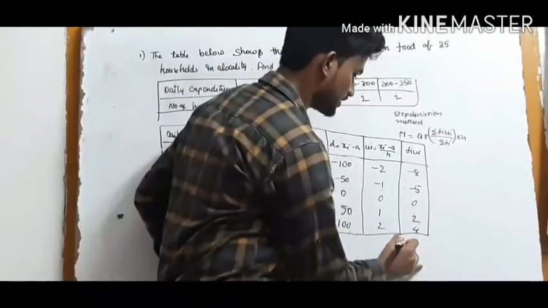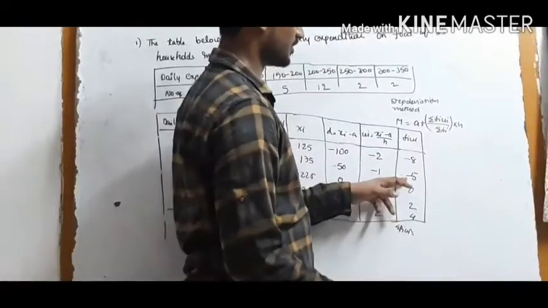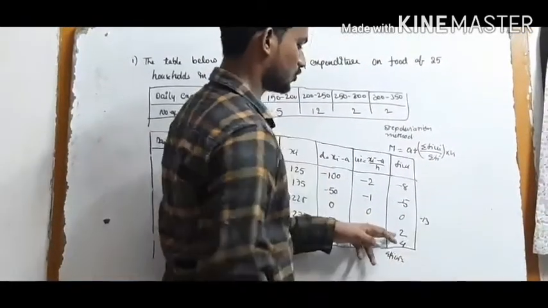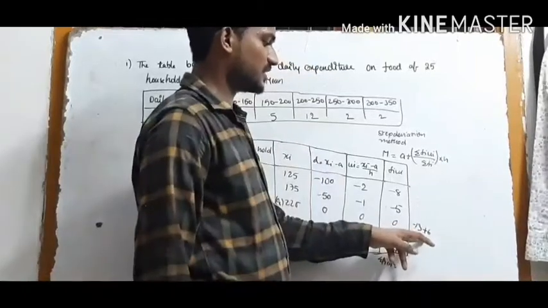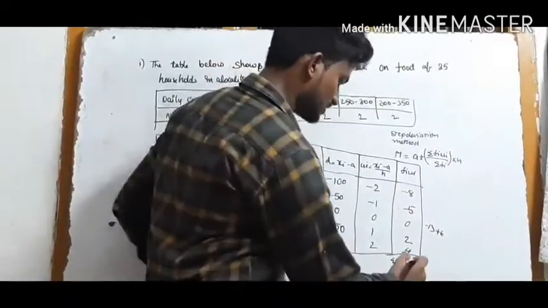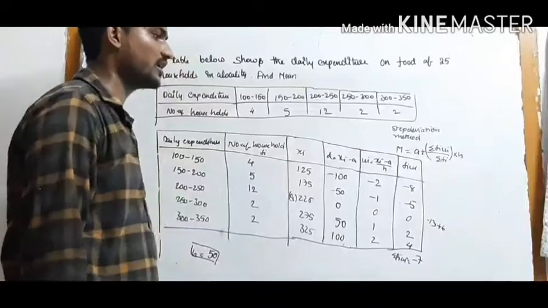Sigma fi ui is the sum of these terms. Minus 8 minus 5 is minus 13. 2 plus 4 is 6, plus 6. Minus 13 plus 6 is minus 7. Minus 7 is the sigma fi ui.